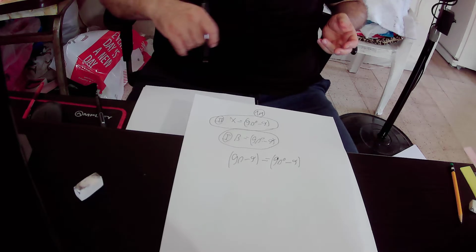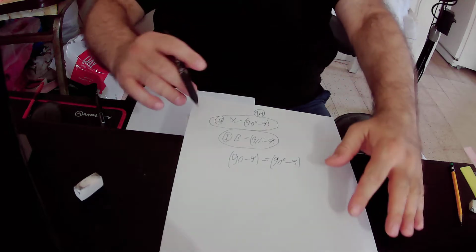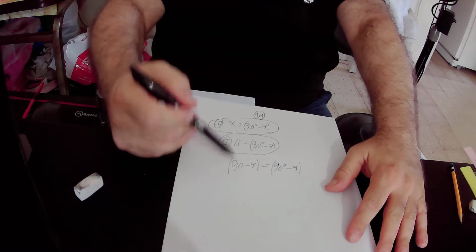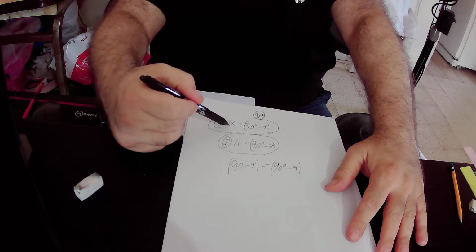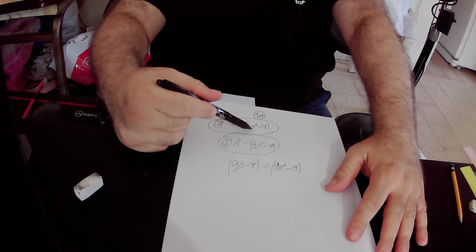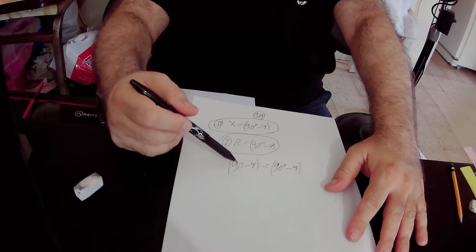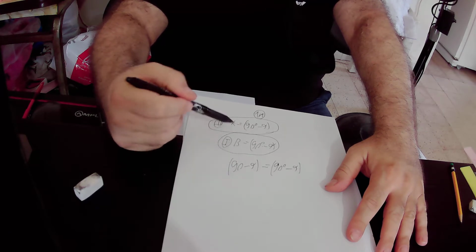The next step, we will subtract 90 degrees minus alpha from this side of the equation by x, because x equals 90 degrees minus alpha.